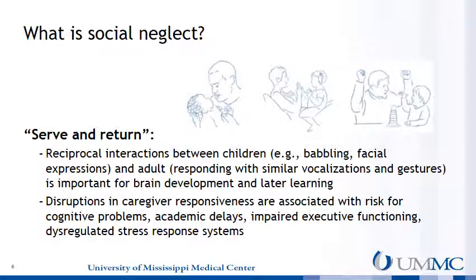And when there are disruptions in that serve and return, for example, when caregivers are unresponsive to children, that can be associated with increased risk for a variety of problems for the child, including cognitive problems, academic delays, impairments in executive functioning, and dysregulated stress response systems.